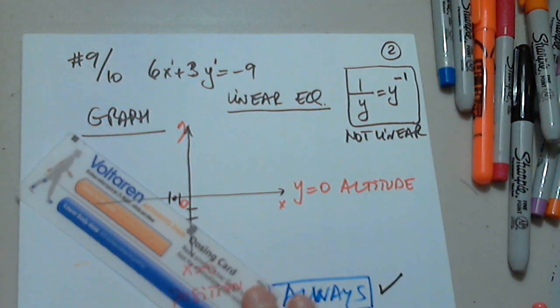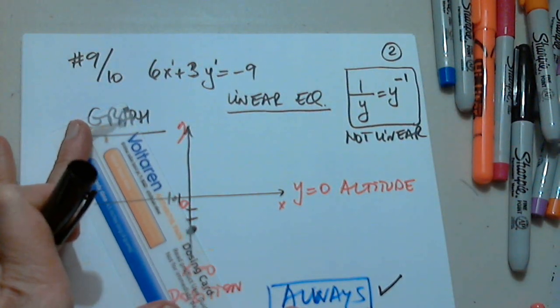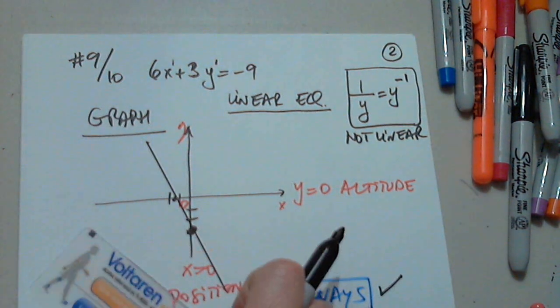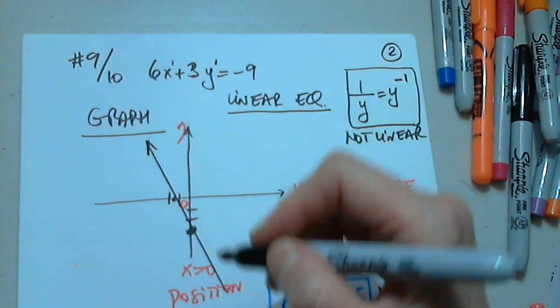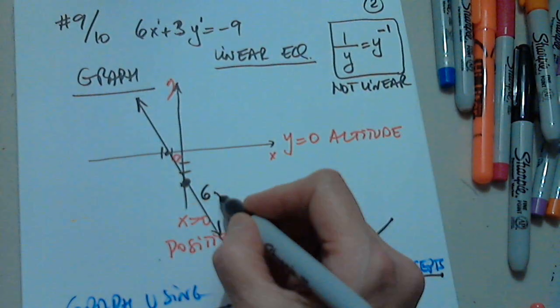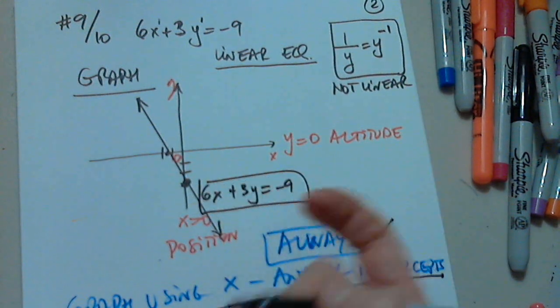And here's my graph. And I connect and extend the line. And that's it. I will always write somewhere what I graphed. I graphed 6x plus 3y equals -9. This is my graph.